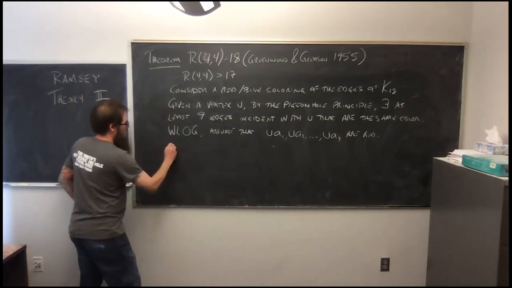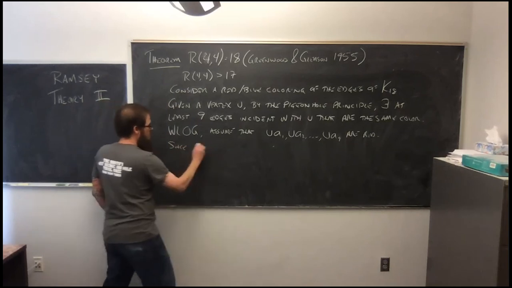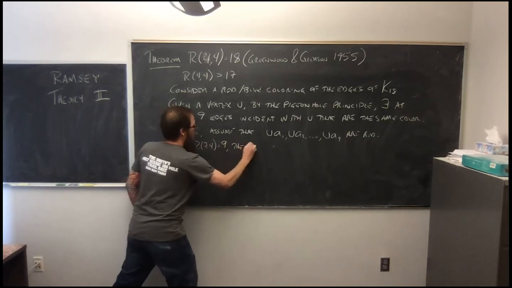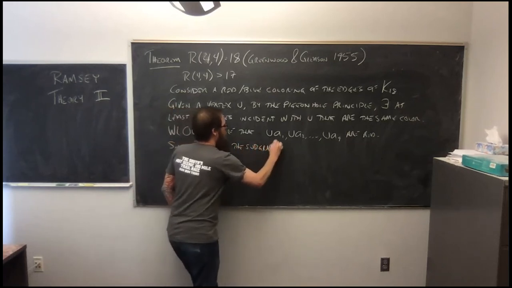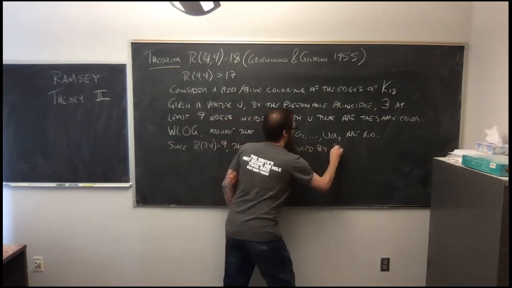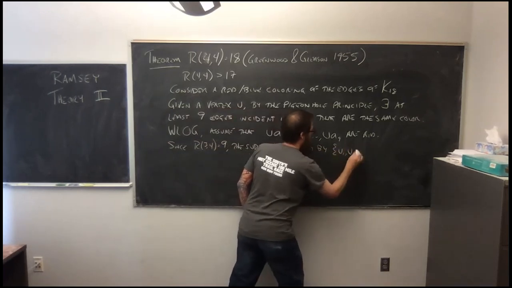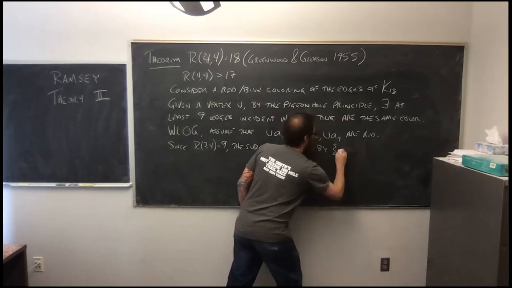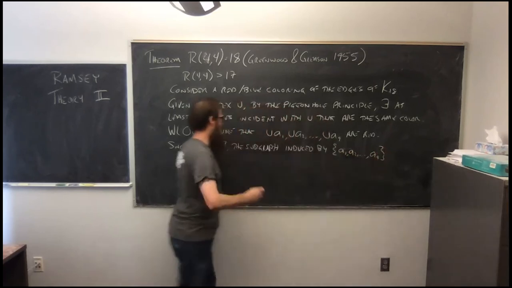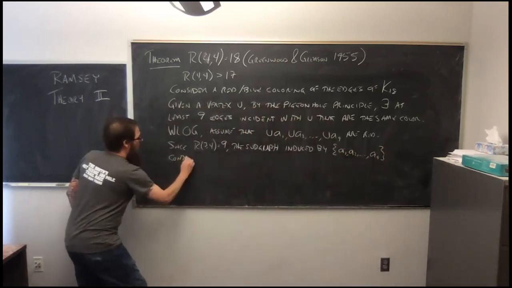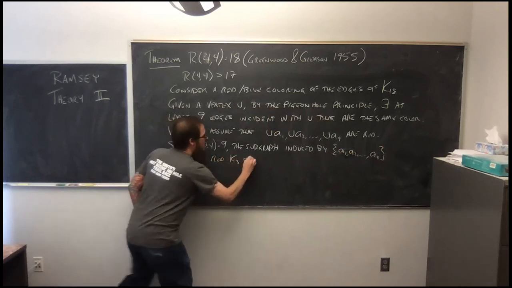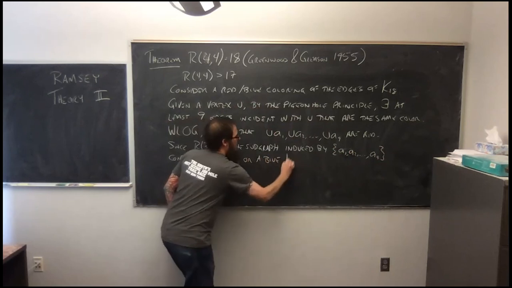So since R(3,4) equals 9, the subgraph induced by A1, A2 down to A9 contains a red K3 or a blue K4.